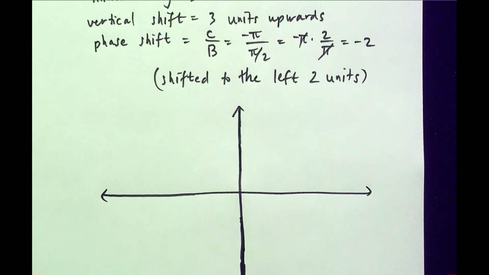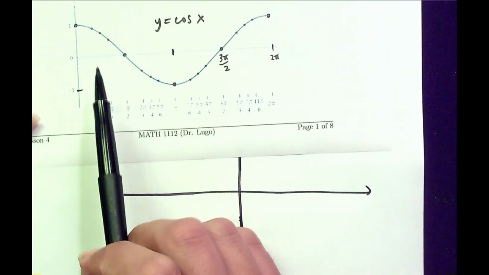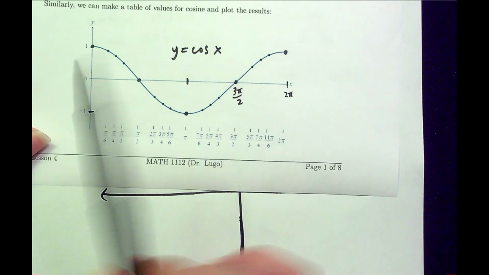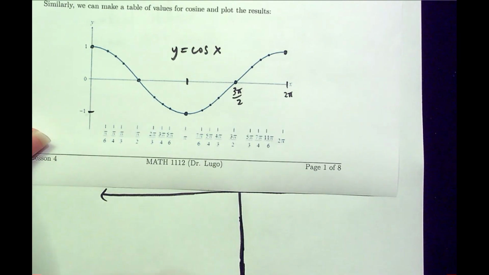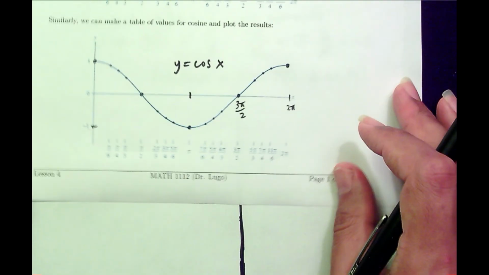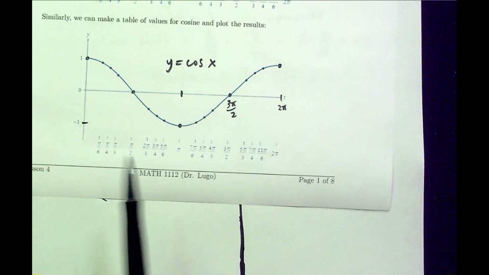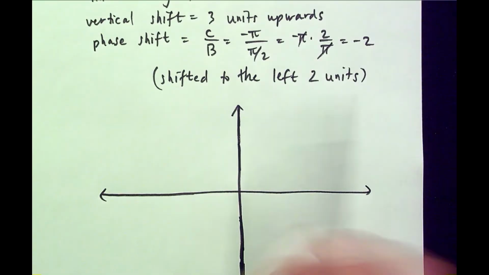Okay, let's see what we get. Now we are following the basic cosine graph. So you have that in your head, or you draw it in a corner and use it as a reference. Okay, so this is our reference. But we're not ready quite yet.